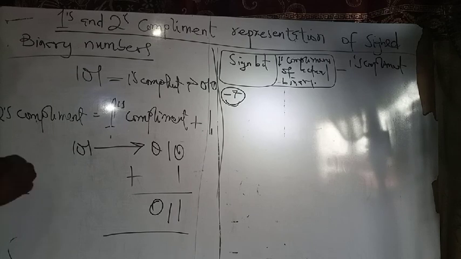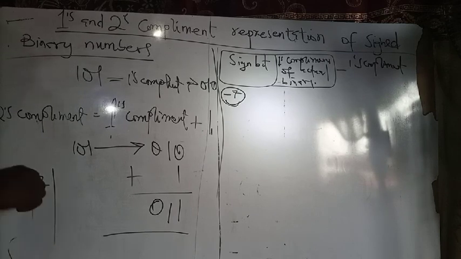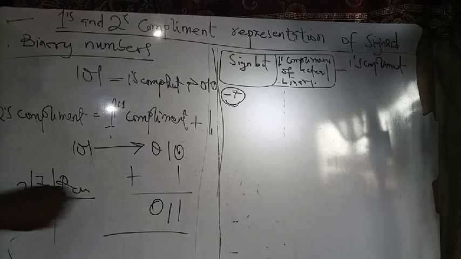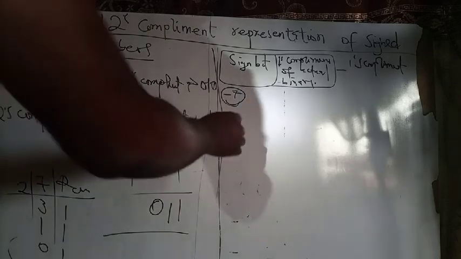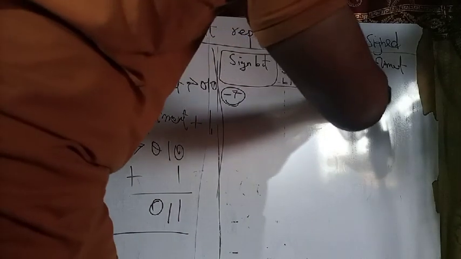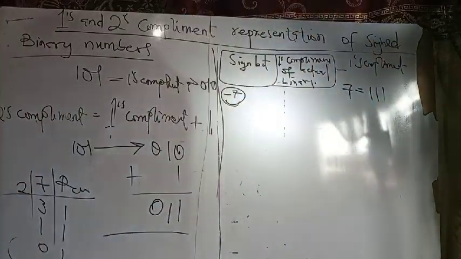So binary means 2 into 7, then I have my remainder here. 2 goes here, 3 remainder 1. 2 goes here, 1 remainder 1, 0 remainder 1. So my 7 in binary will now be 111.